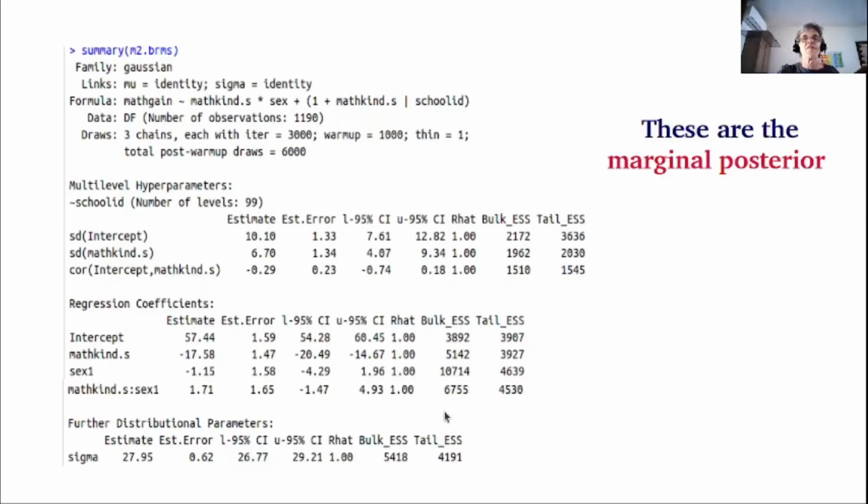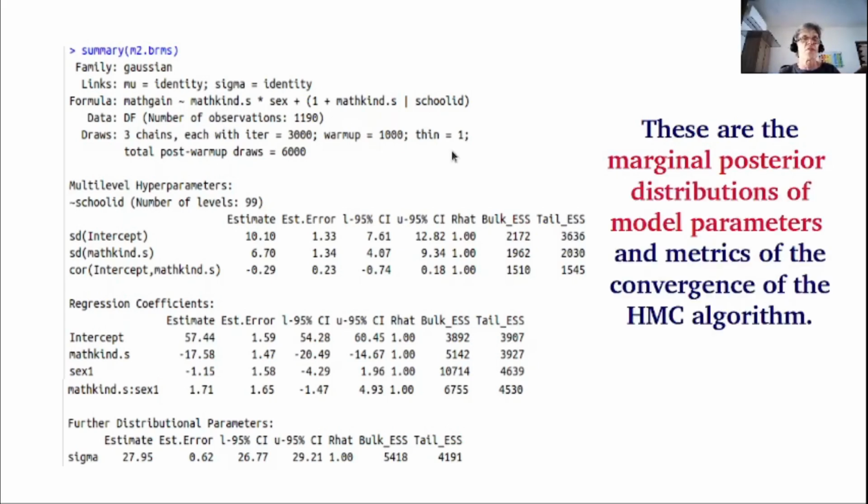So I fitted the model with the formula as before. These are the marginal posterior distributions of the model parameters and the metrics of the convergence of the algorithm. First of all, we see the group level parameters and the population level parameters, and the parameter sigma, which is the standard deviation of the response variable.